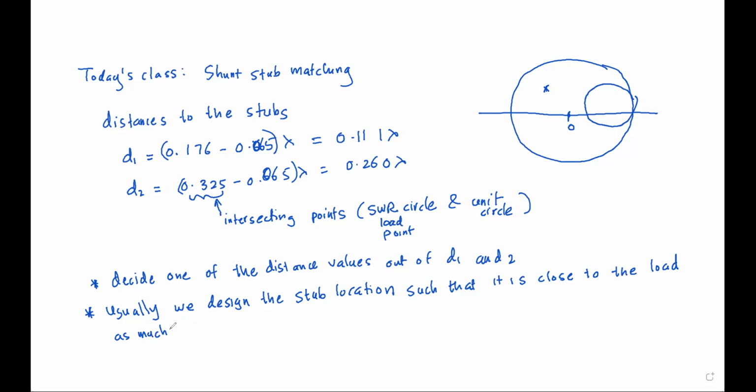So usually we design the stub such that it is close to the load as much as possible. Do you have any questions? The main reasons are to improve or retain the bandwidth, and reduce the power losses.